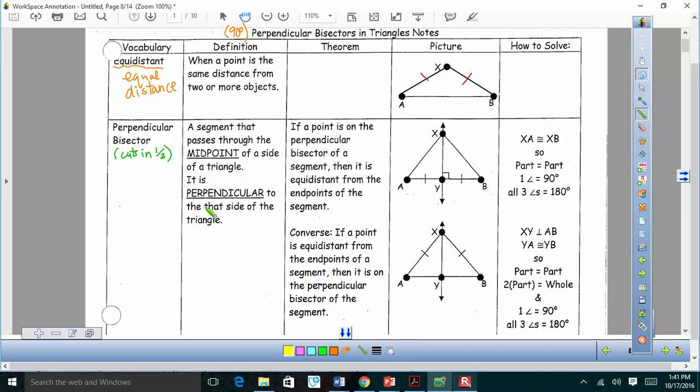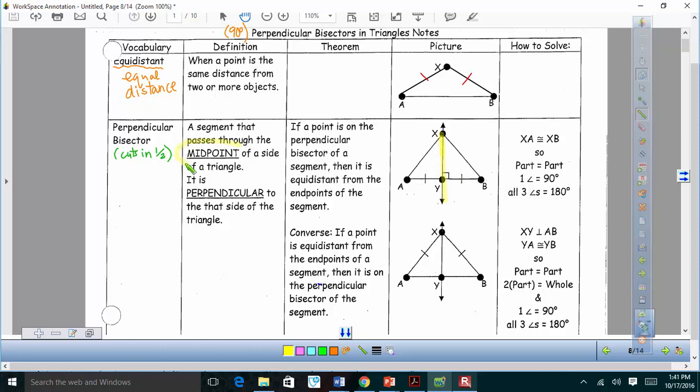It is perpendicular to that side of the triangle. So looking at this picture right here, the perpendicular bisector is going to be XY because it passes through the midpoint, which is Y, and it is perpendicular to the side AB.